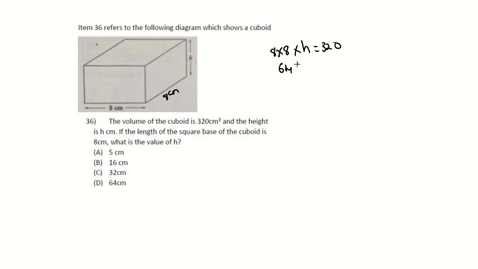So 64 multiplied by h is 320. So h would be 320 divided by 64, which is equal to 5. Or you could just use the answers here and multiply to see which one will give you 320. So the answer is 5, which is E.